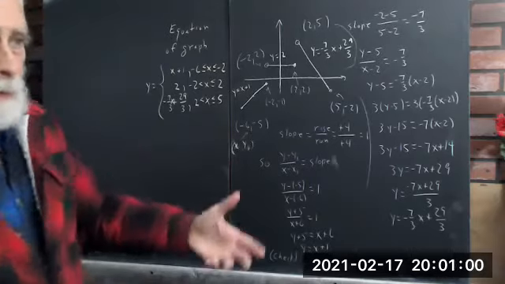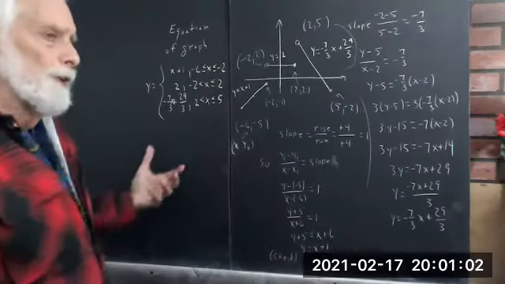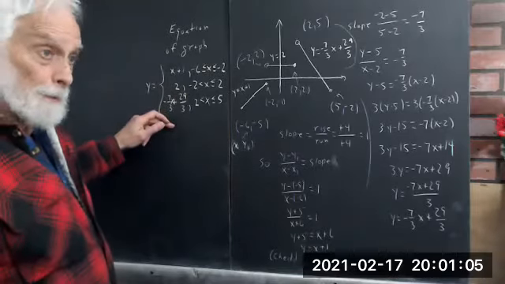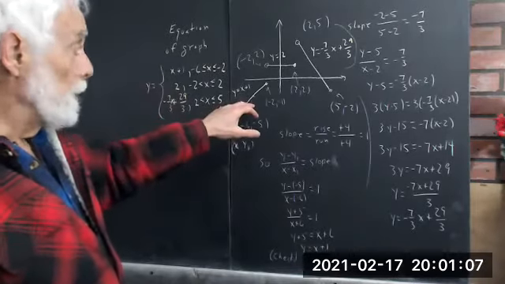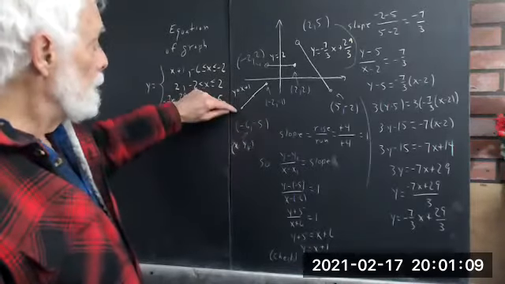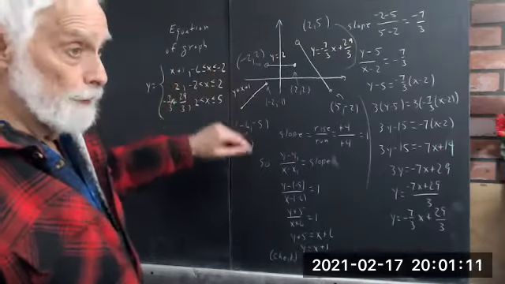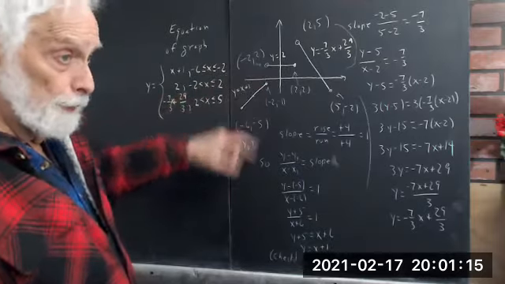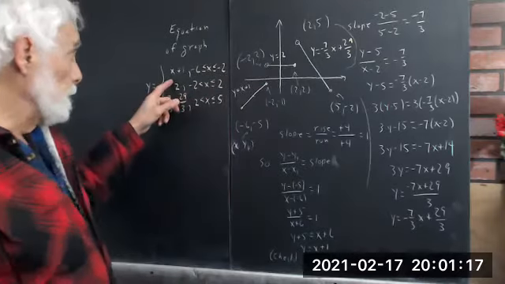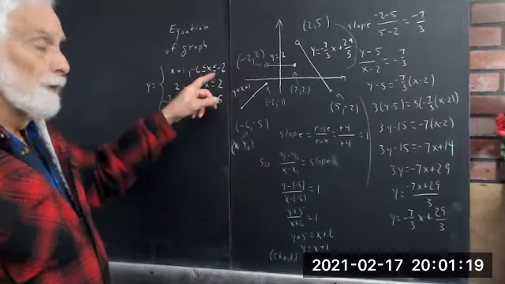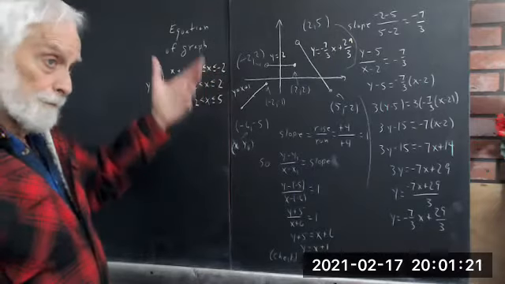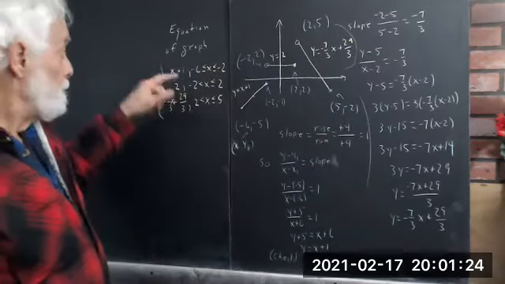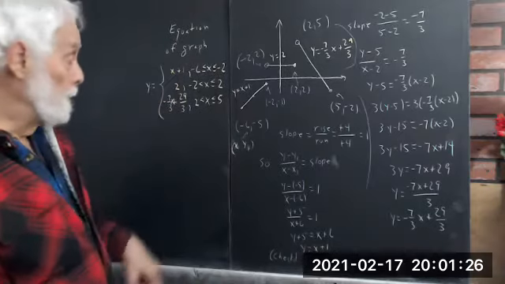Now, we got to specify, though, for what values of x each of these applies. Well, clearly the x plus 1, that's this one, applies for x from negative 6 to negative 2, including negative 6, because that's a closed dot, and the negative 2, because that's a closed dot. So we say x plus 1, negative 6 less or equal to x less or equal to negative 2. So that is that part of the domain.